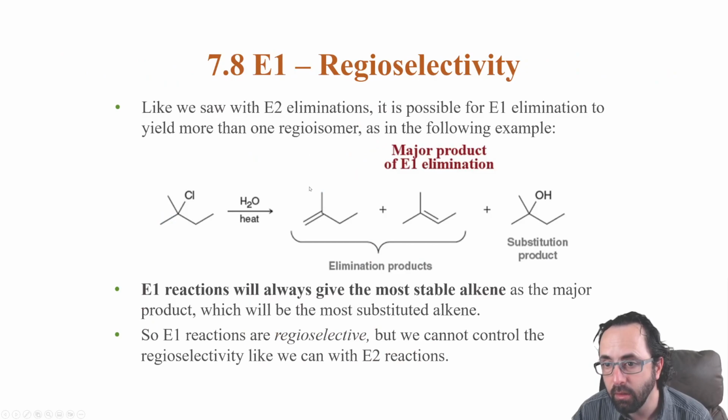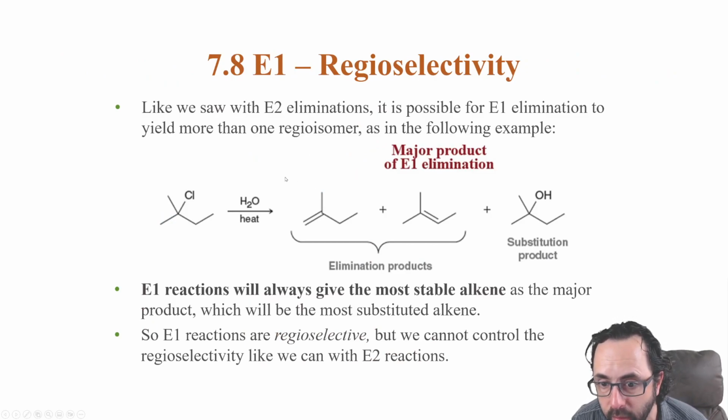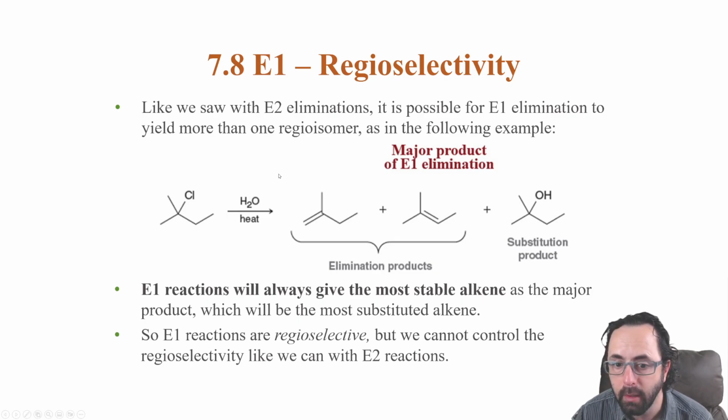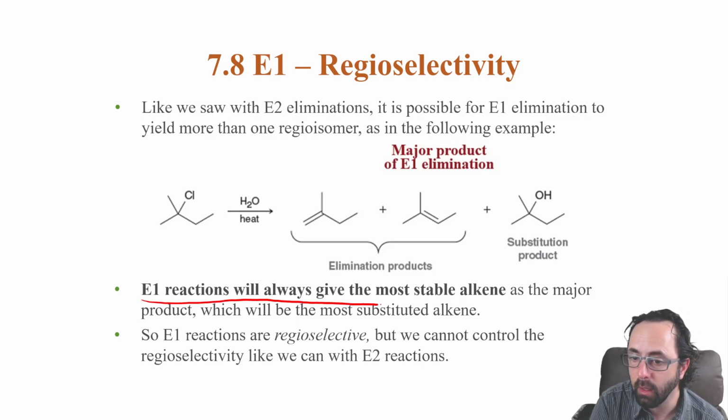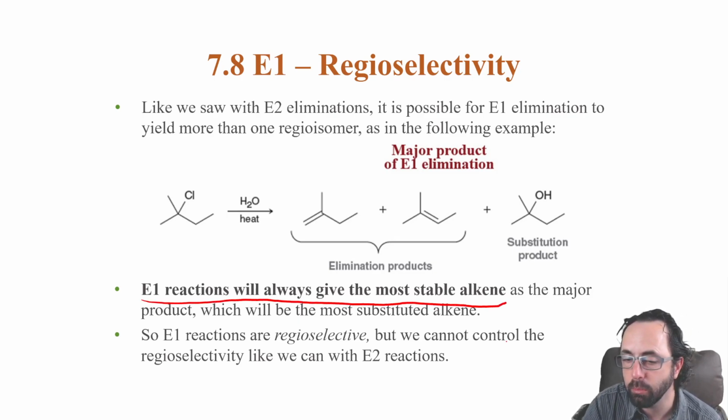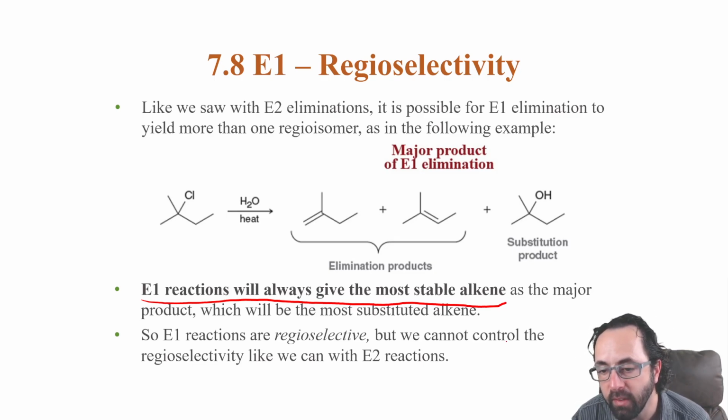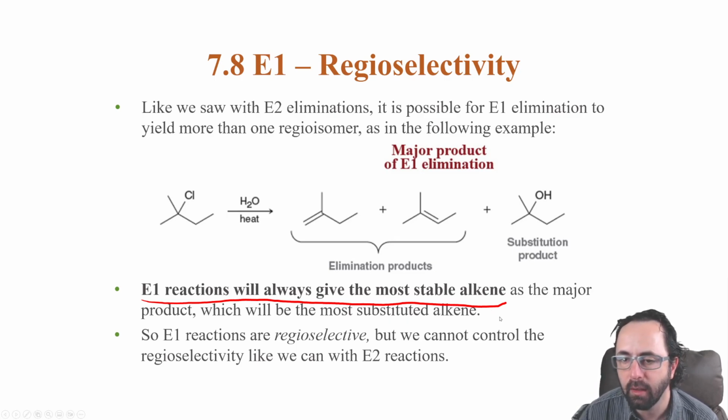Like we saw with the E2 eliminations, it's possible for E1 to yield more than one regioisomer, but unlike the E2, E1 reactions will give much, much more emphasis to the more stable alkene. So remember, the more substituted alkene is the more stable one.